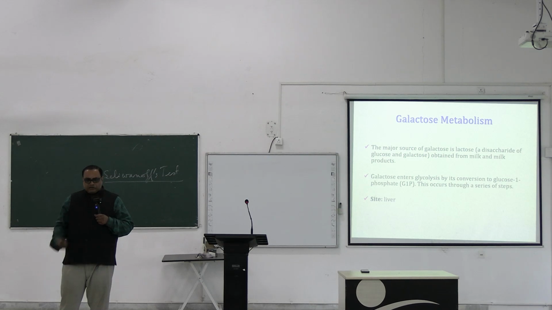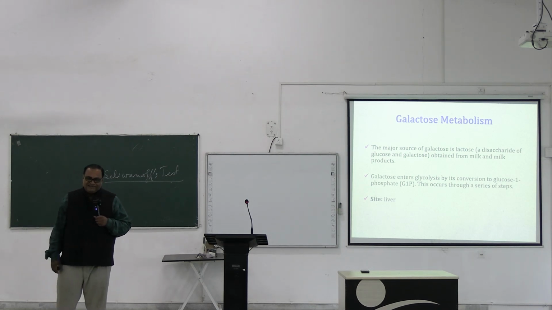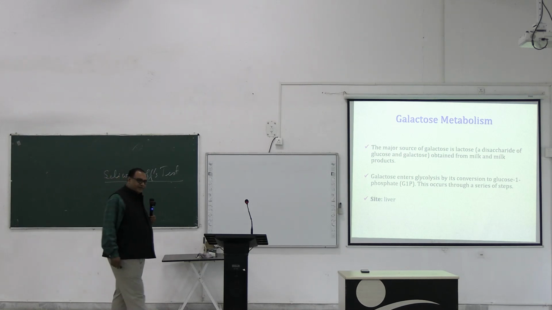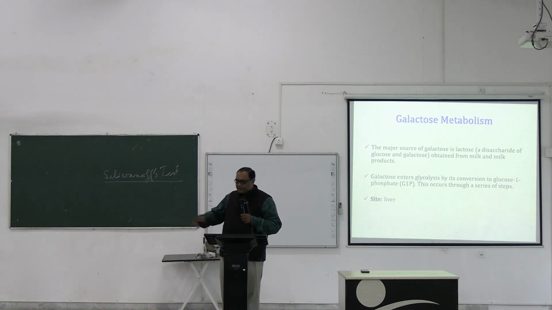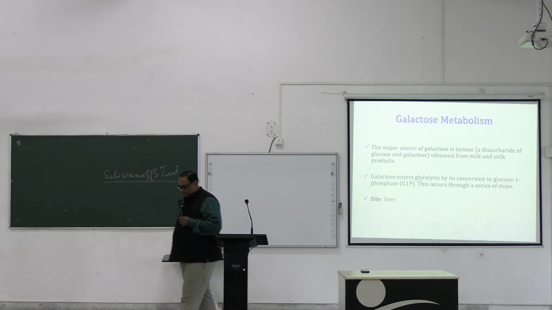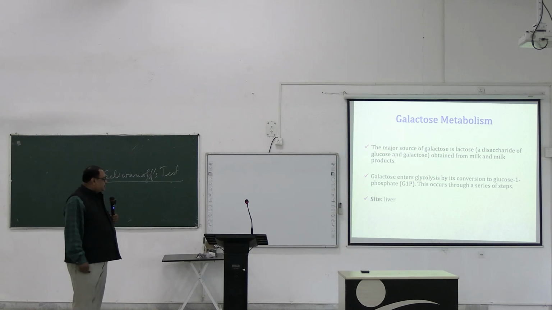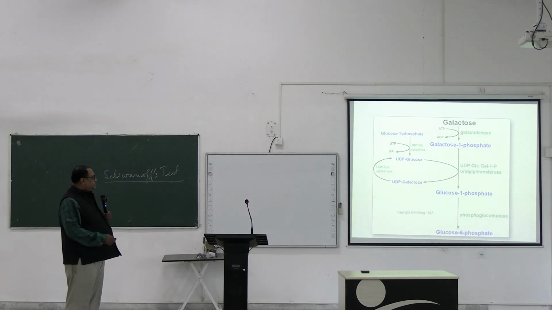If we do not take mangoes even, if we take only paracetamol, it is the liver. So the liver takes a lot of pain to metabolize and to get rid of things from our body. Very good. So galactose gets metabolized in the liver by an enzyme called galactokinase.